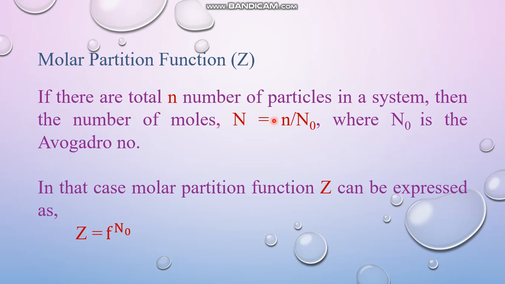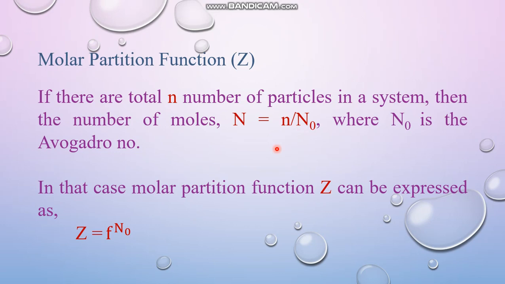Here n0 is the Avogadro number, and small letter n, in our gas chapter we expressed the number of moles as small n, but here it is actually the number of particles. This is not the molar expression, this is the number of particles, meaning the number of gas molecules present in the system.